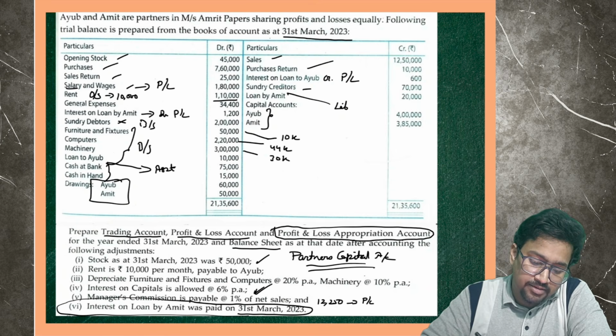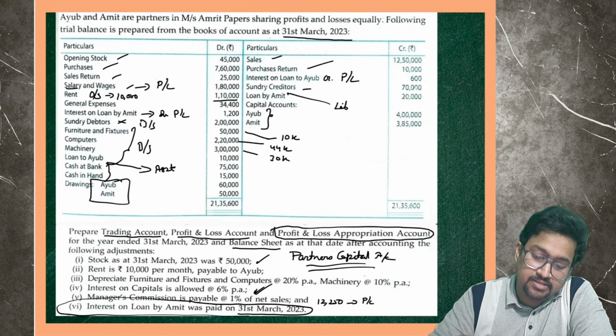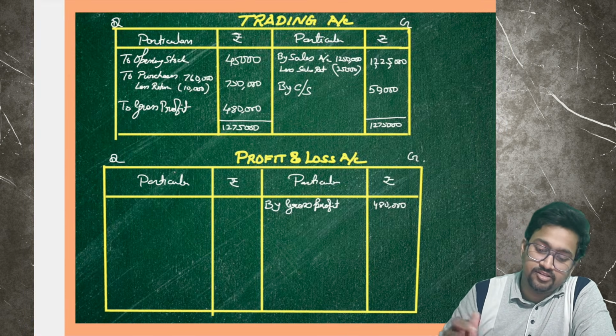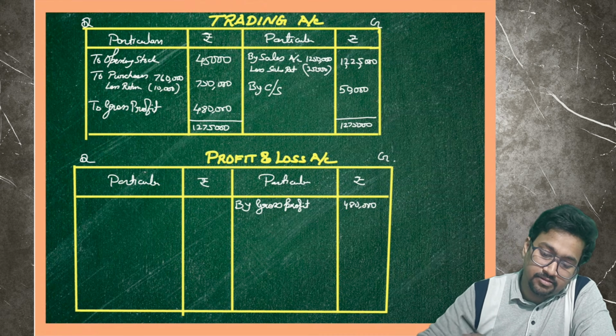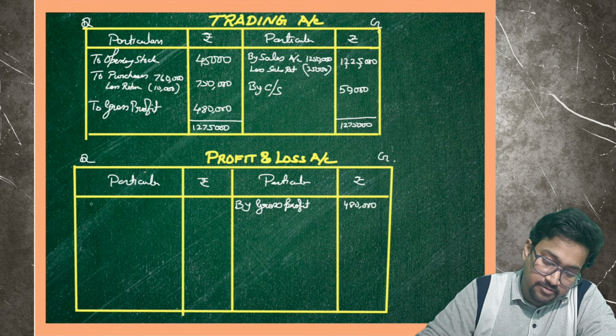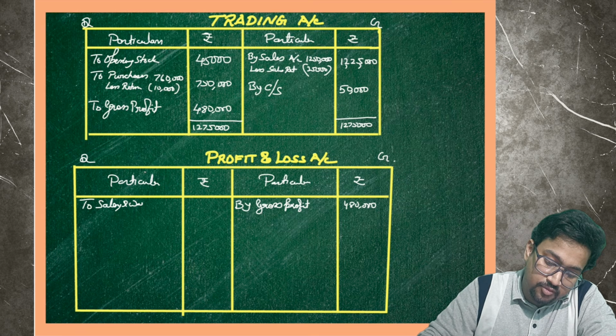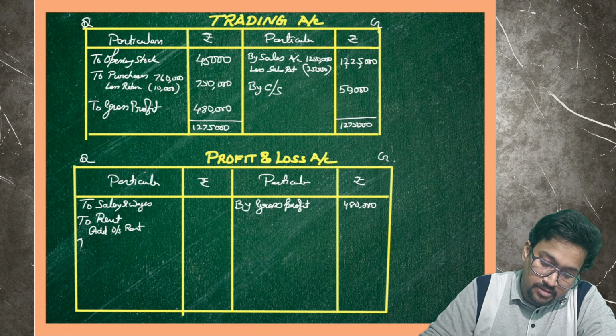In rent we have to add this outstanding amount, then general expenses. All that are marked here, I'll just write over here. So firstly write to salary and wages, to rent, and this will add outstanding rent.